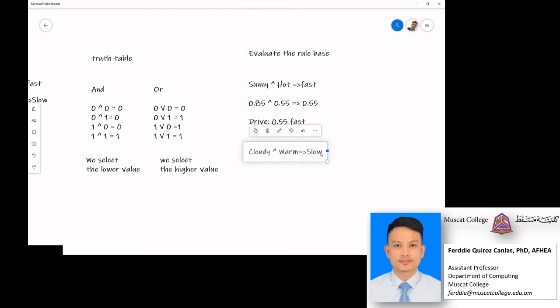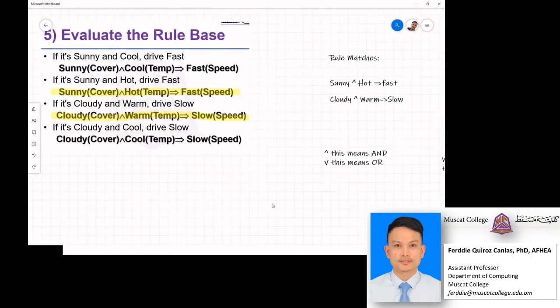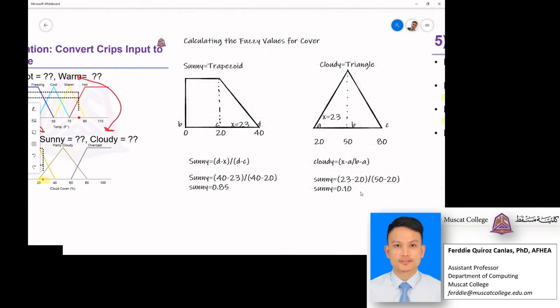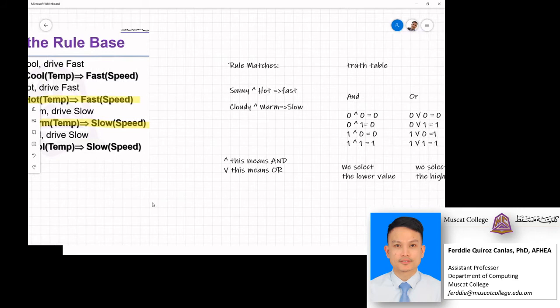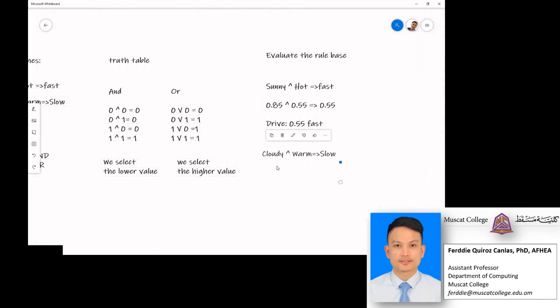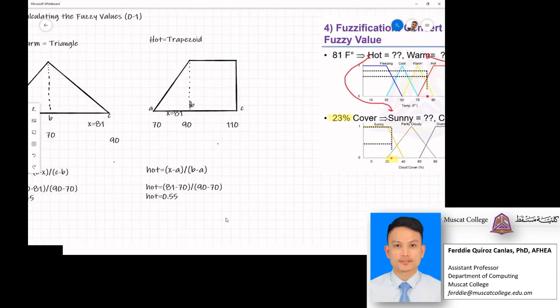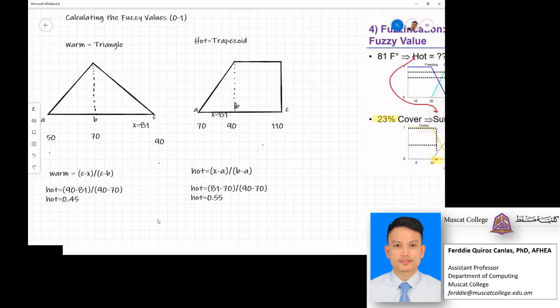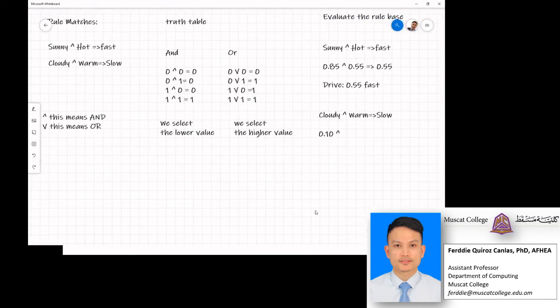How about in the case of cloudy and warm? What's the value of cloudy? Based on the calculation, cloudy is 0.10. So we have to write here 0.10. And warm is how much based on the calculation? Warm is 0.45, right? Am I correct in this?